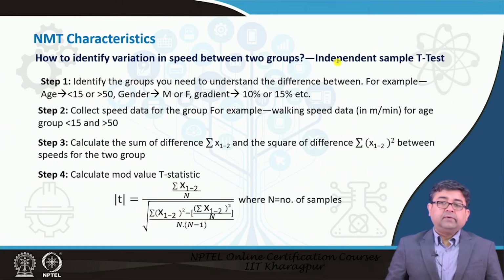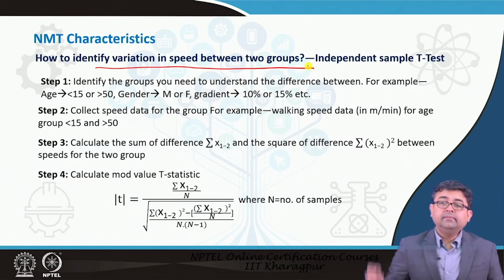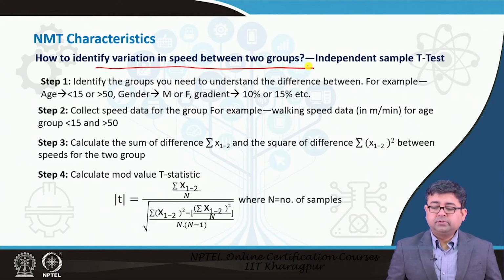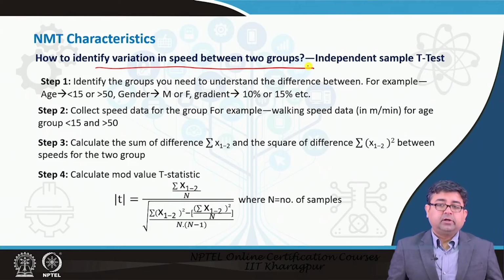Now, a very important question is often asked: how do you identify this variation in speed among two groups? Say, for example, if you want to know whether the speed between men and women is different or not, or whether the speed between people who are carrying luggage versus people who are not is different or not, right.